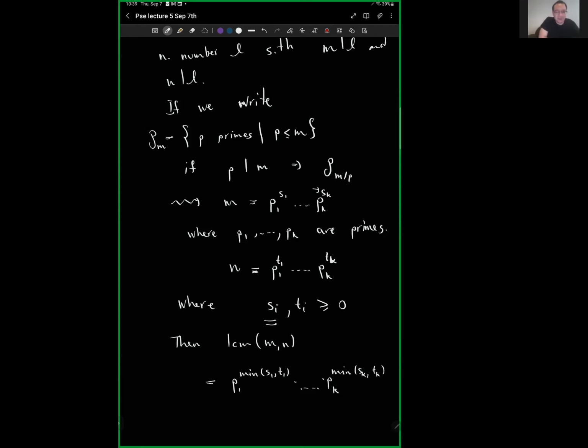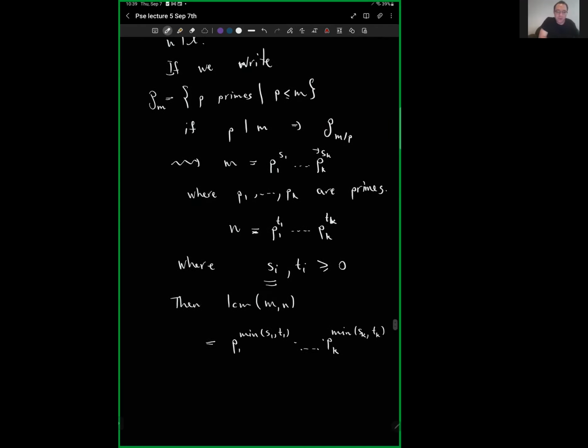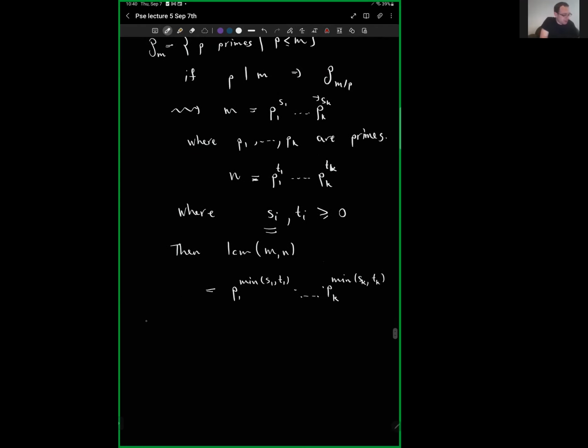Okay, so this is a nice trick, and now we come to another famous theorem. This is Cauchy.